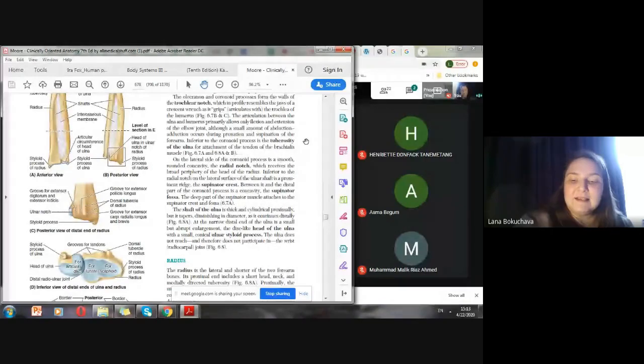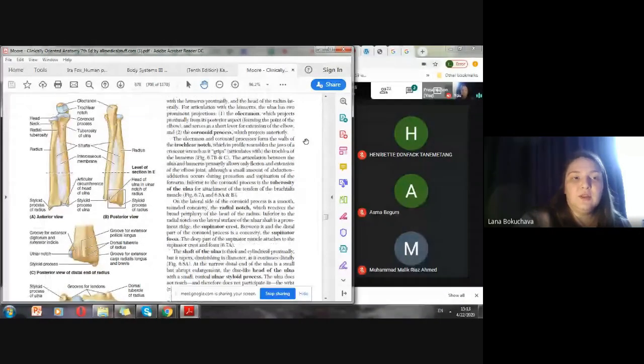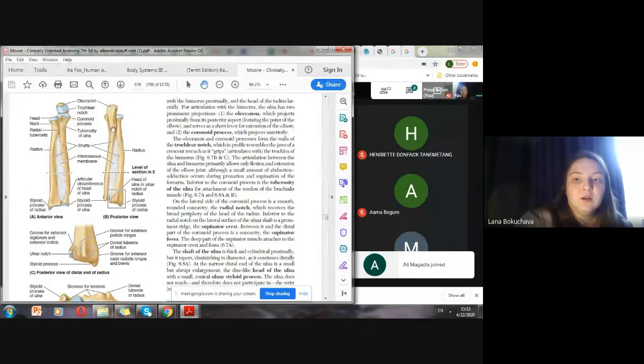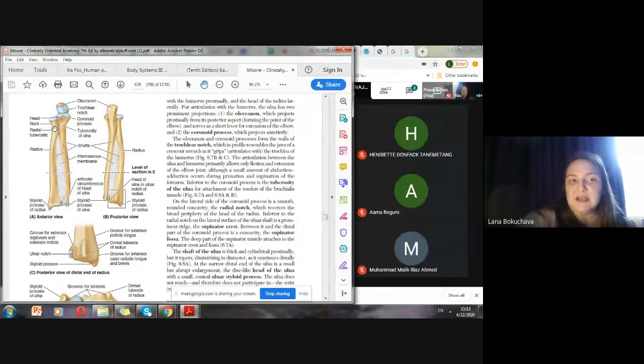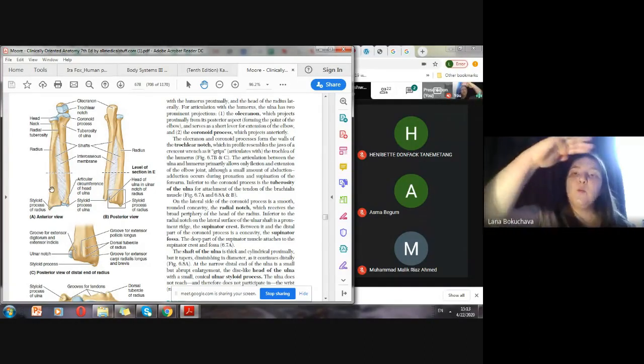Well, okay, let's continue. What do we have also in this region? The part of the shafts here on both of these sides: the radius has a more interesting type of shaft. Do you see here? It has what we call lateral convexity, so it is convex towards the lateral side.